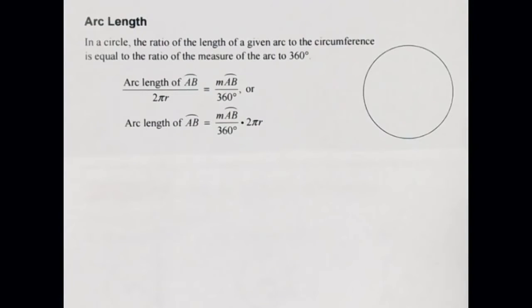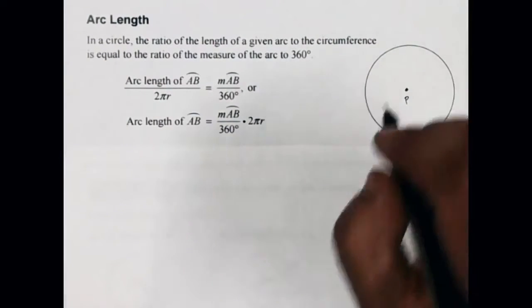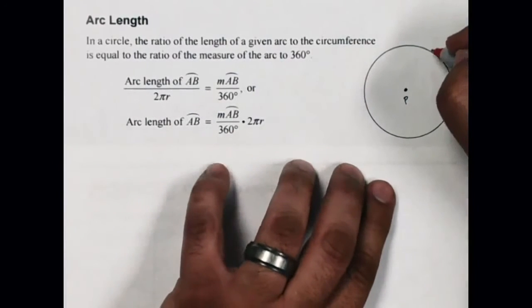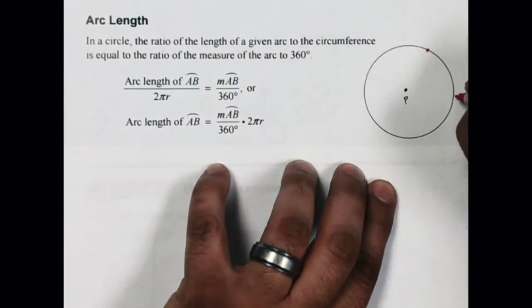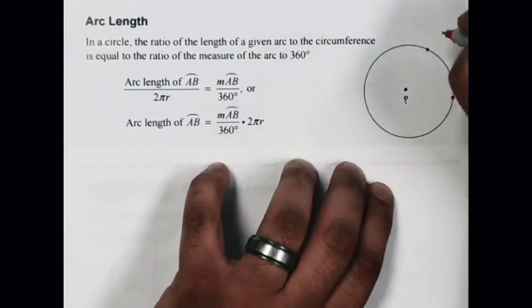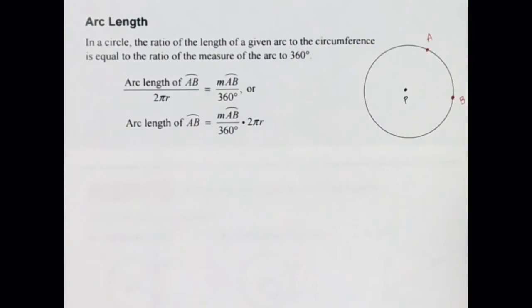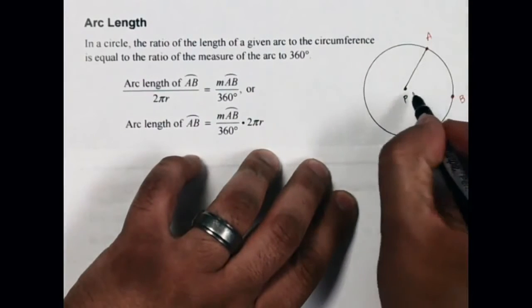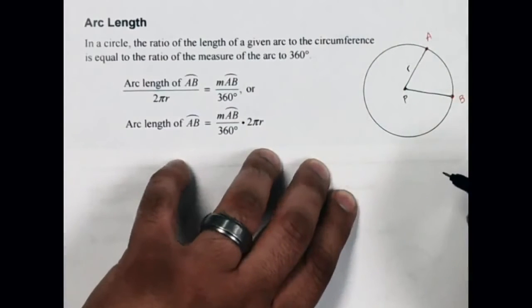So basically, let's go ahead and draw some stuff here. I'm going to call this circle P. I'm going to designate a section or a piece of this circumference, the distance around the circle. I'm going to call those 2 points A and B. When I connect them, both of these are radii.